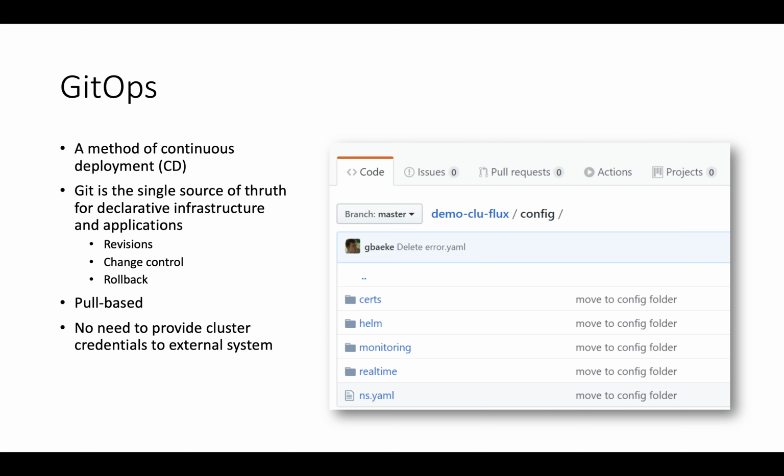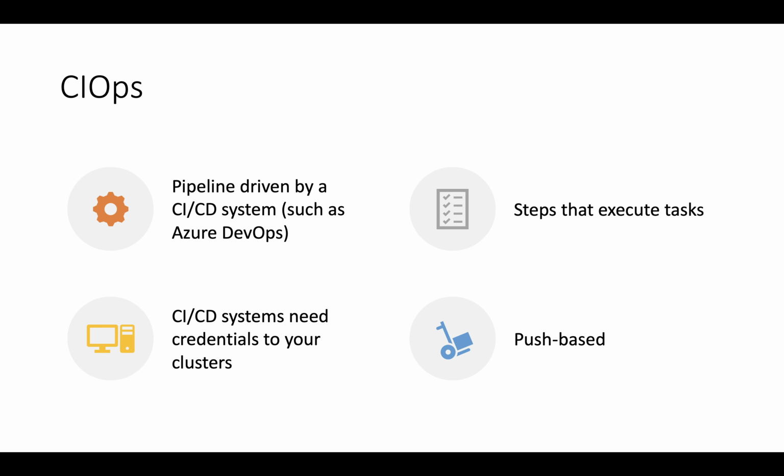So if you think about it, GitOps, in short, is a fully declarative, data-driven, pull-based approach to how you do continuous deployment. And if you compare that with CIOps, if you want to call it that way, or traditional CI/CD, that's typically pipeline driven, right?